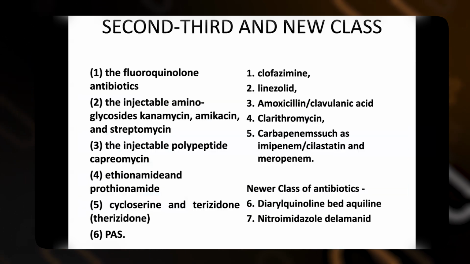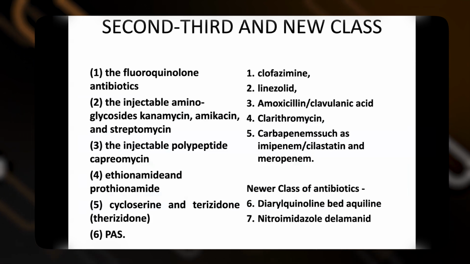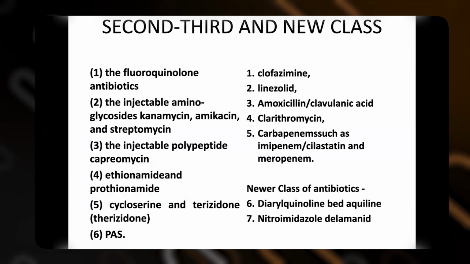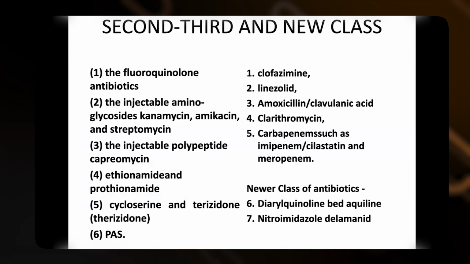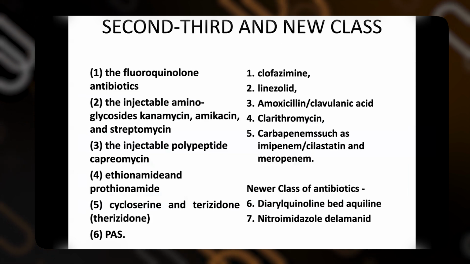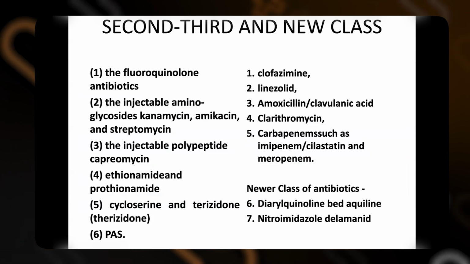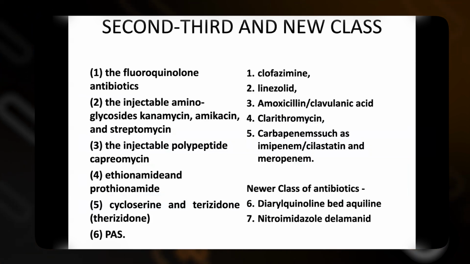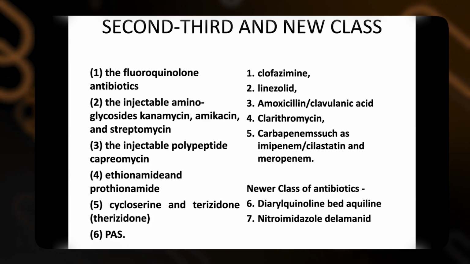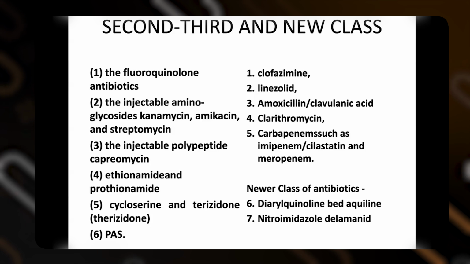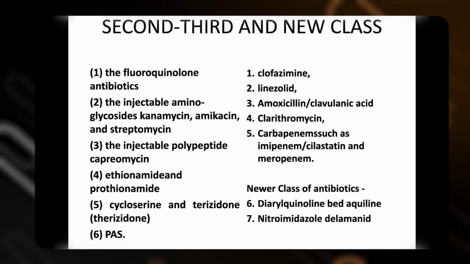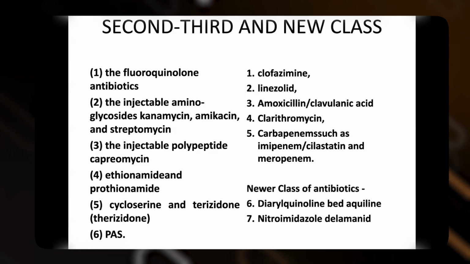We also went through the second and third line of medications, especially the fluoroquinolones, injectables, aminoglycosides, polypeptides, ethionamide and prothionamide, and cycloserine PAS. We also went through a few of the antibiotics which you might come across when tuberculosis is detected, and they would be giving the sensitivity to.